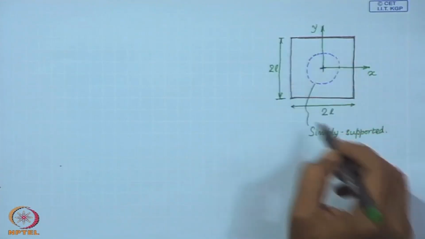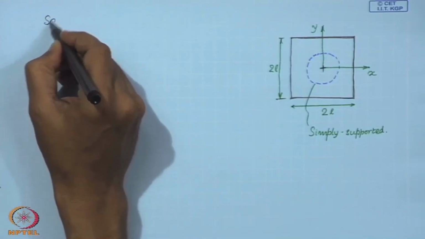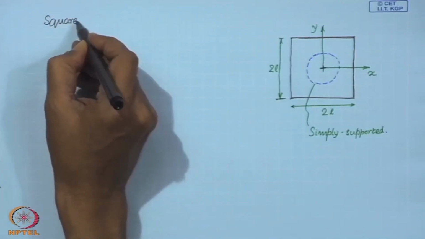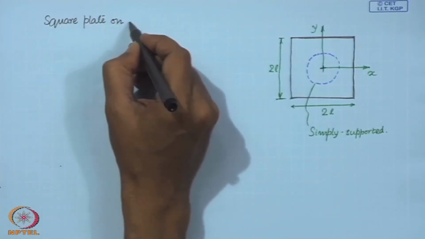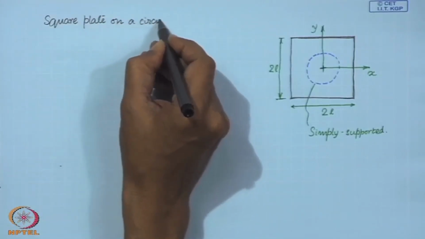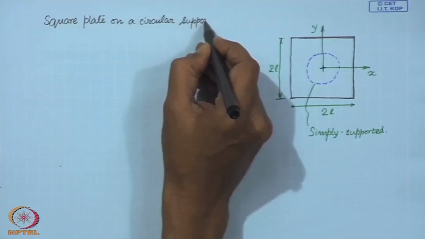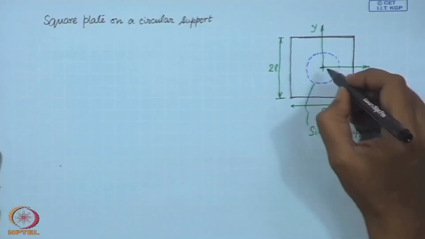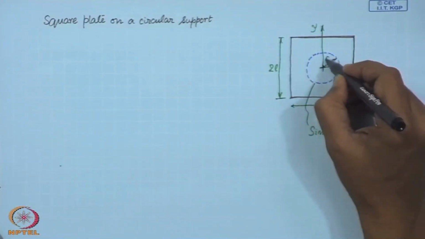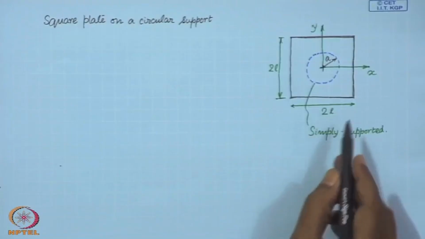Now, we are looking at a square plate on a circular support. The radius of this support circle is A and the side is 2L.